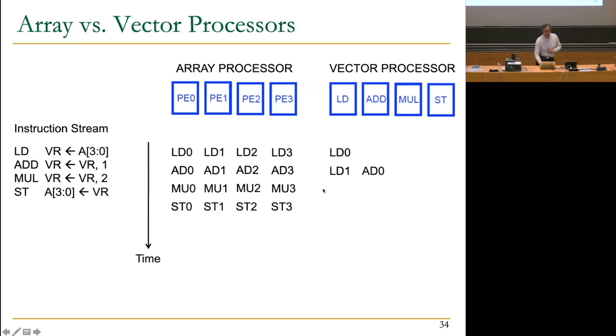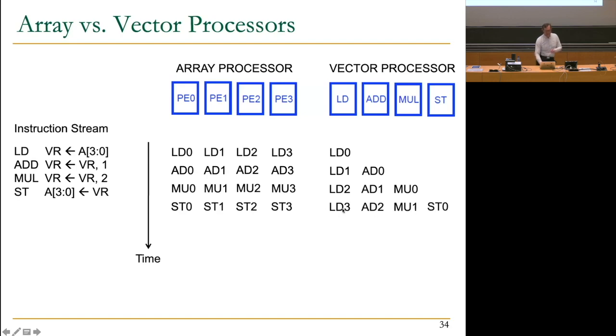In the next cycle, you load element 1, okay? Concurrently, this result is done, hopefully, and you can add 1 to it, right? So you're operating on 0th element and adding 1 to it in the add unit. And then in the next cycle, you're loading the second element in the load unit, adding 1 to the first element in the add unit, and multiplying the 0th element by 2 in the multiply unit.